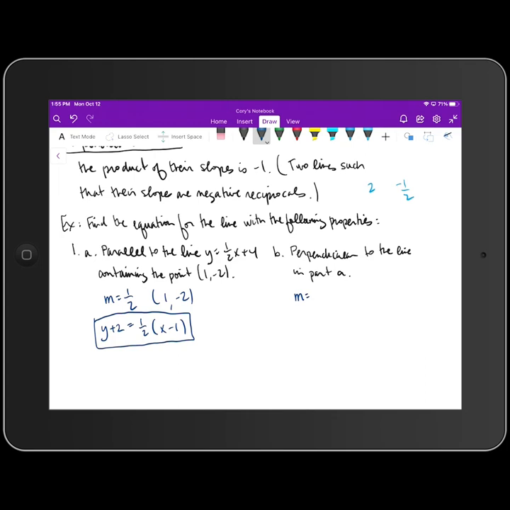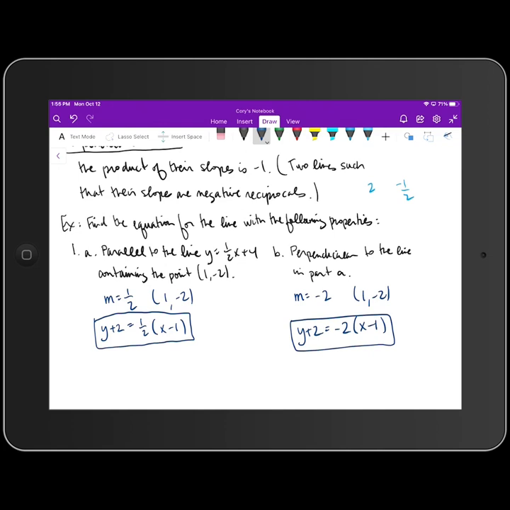So the negative reciprocal of 1/2 is going to have a slope of -2. It still passes through the same point 1, -2. So we can plug that information into our point slope formula. It's going to be y plus 2 is equal to the slope -2 times x minus the x coordinate 1.